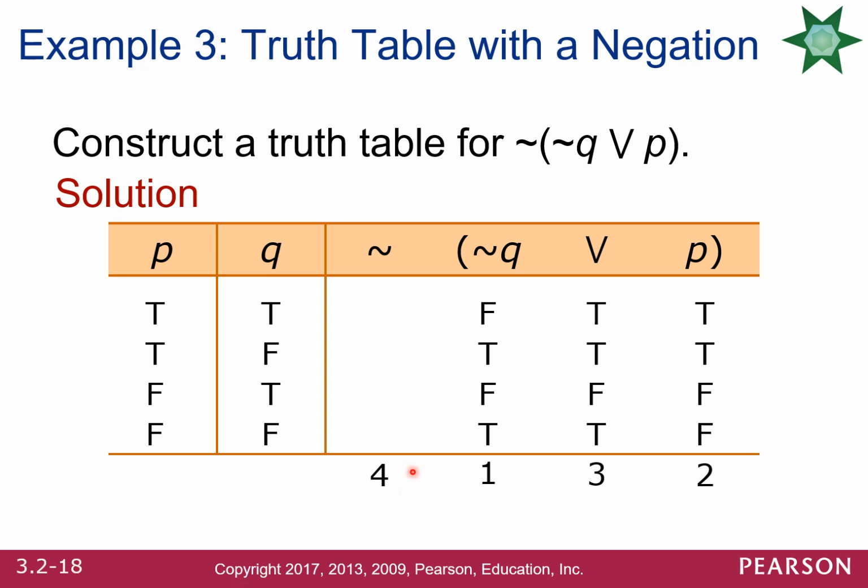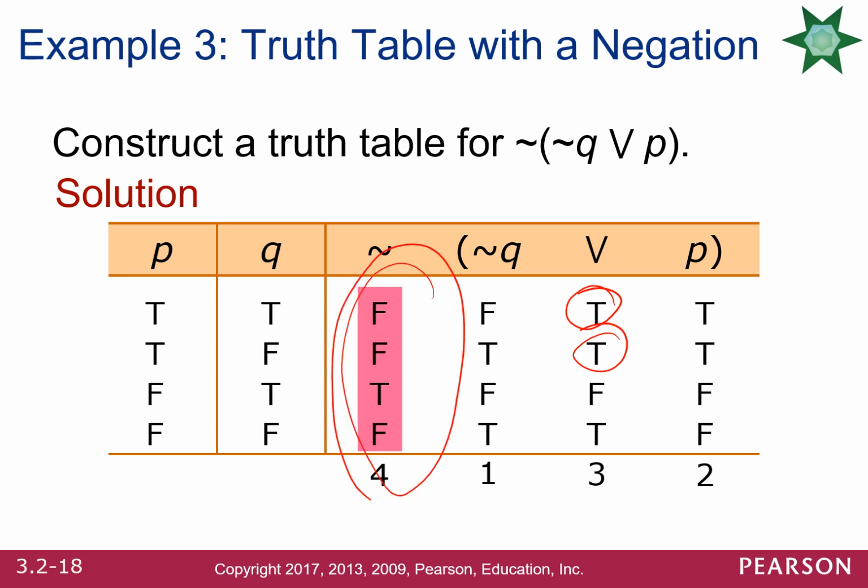Let's see what happens. Negating this T here should give a false. Negating this T gives another false. Negating this F should become a T. And then this T should be an F. So the answers match exactly what we got for the solution.